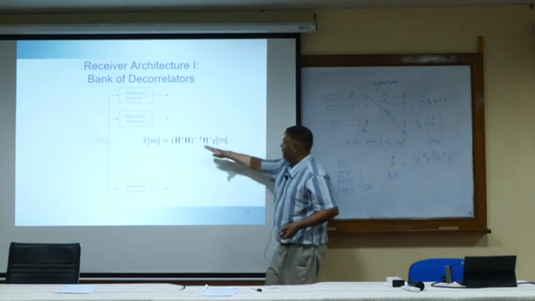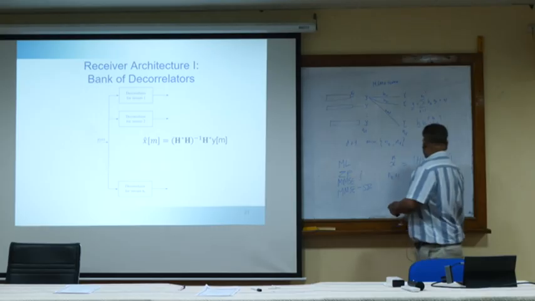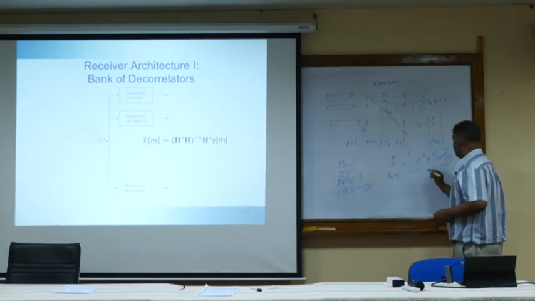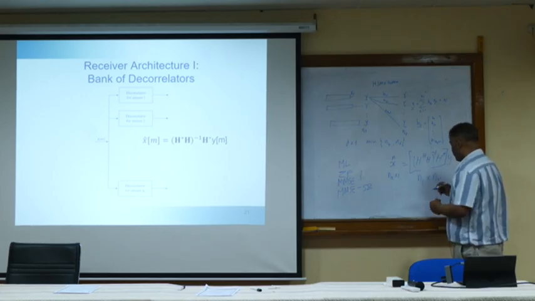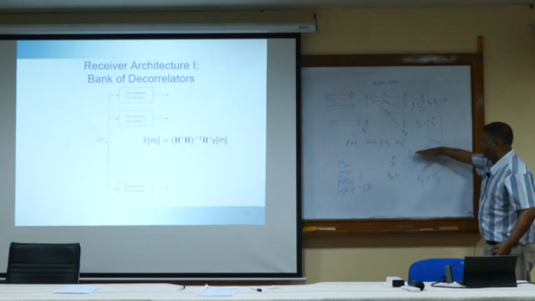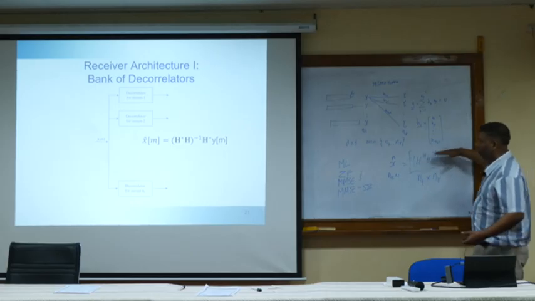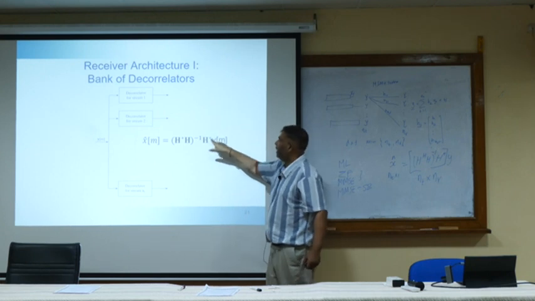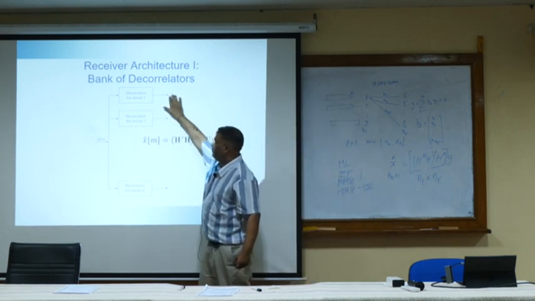So this is the concept of zero forcing. For example, if you consider this matrix, it has NT transmit antennas, and it is an NT into NR dimension matrix. If you take the first row of that matrix and multiply by the received signal, you will get the first stream.